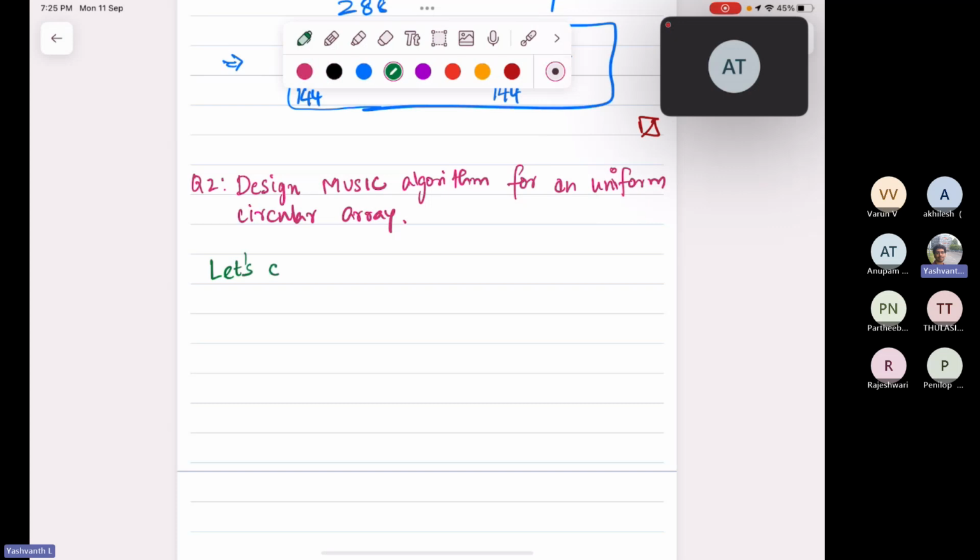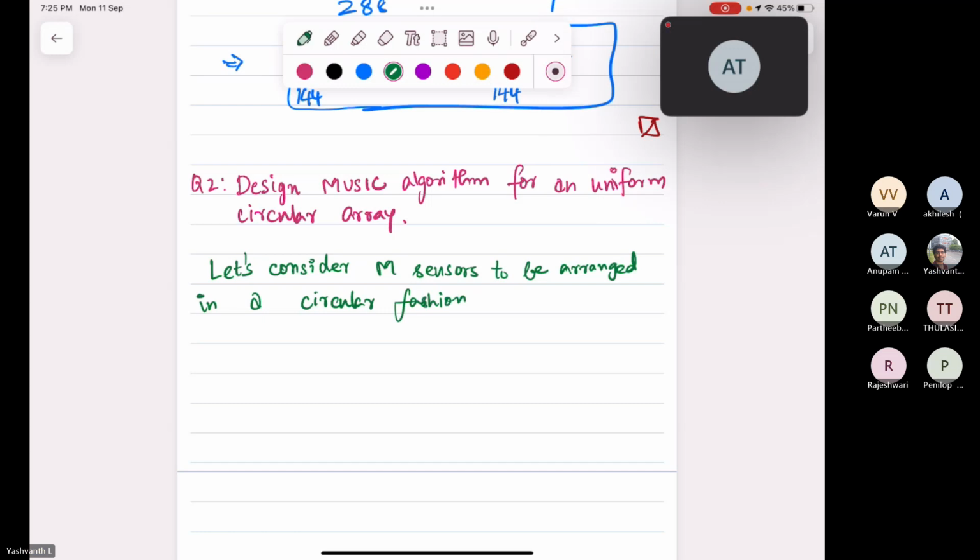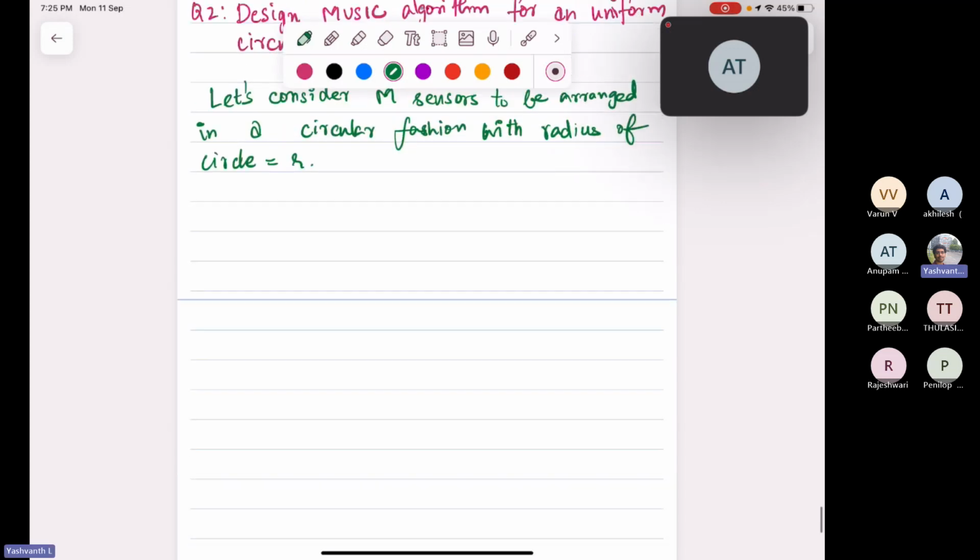Now let's consider M sensors arranged in a circular fashion with a radius of circle equal to R. What does it mean?